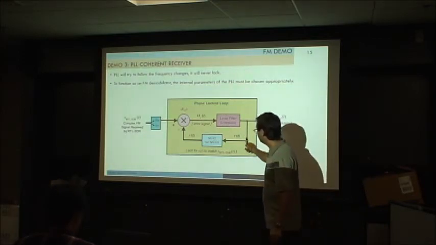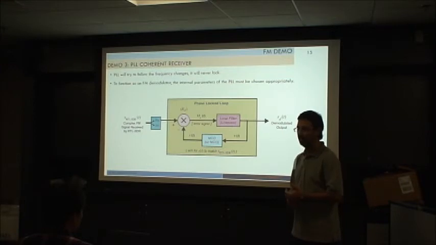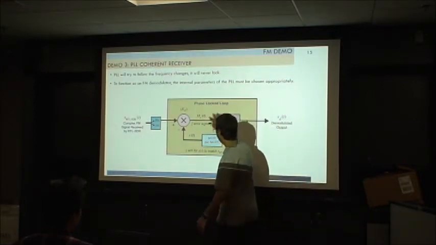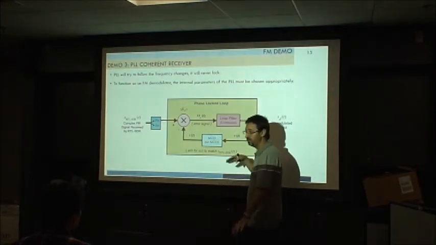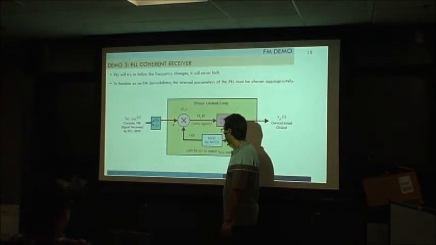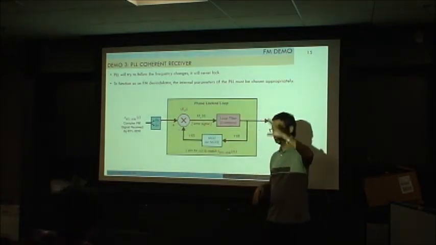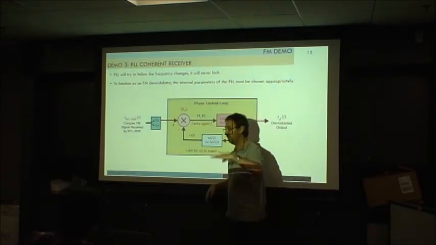What will be the problem with this PLL? Basically, what a PLL does is try to follow changes on the phase. But this guy here will never be quiet. It will always be moving because it's an FM modulator.